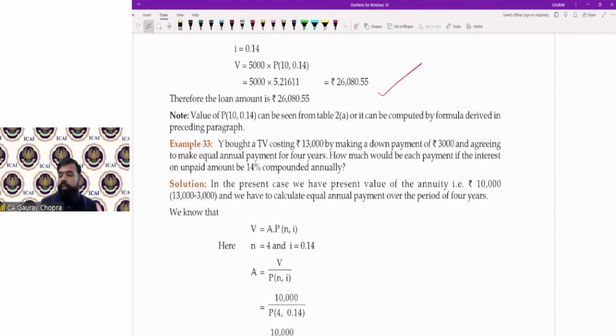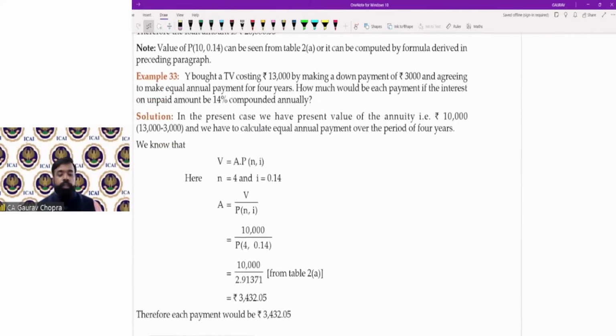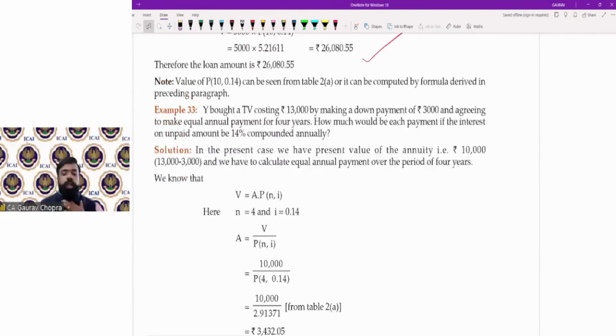So let's practice some more. 33. Buy bought a TV costing rupees 13,000 by making a down payment of 3,000. So cost of TV is 13,000. This is the cost. Then what is the down payment? Down payment is 3,000. After this 3,000, what is the 10,000? This becomes the loan amount.